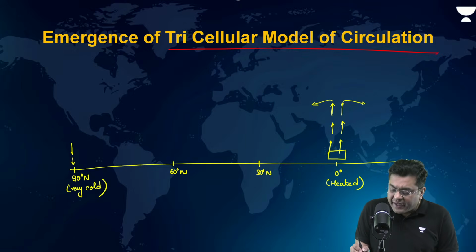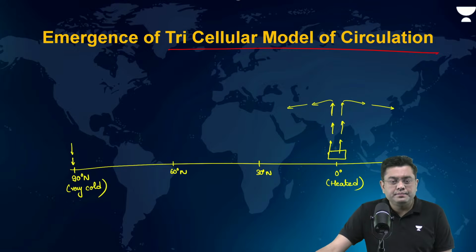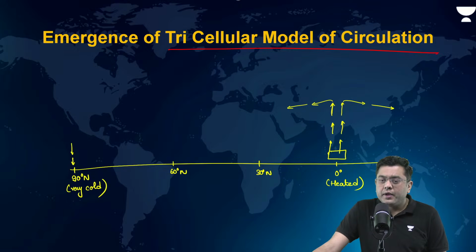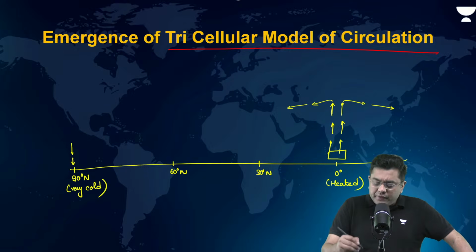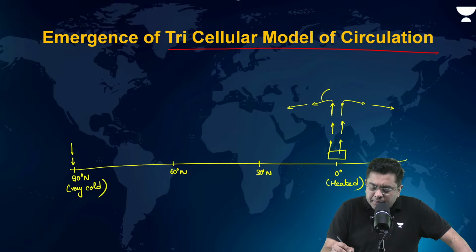Now, once it diverges, very good, Pratima. Once it diverges, the upper air will experience bending due to Coriolis force, yes or no?